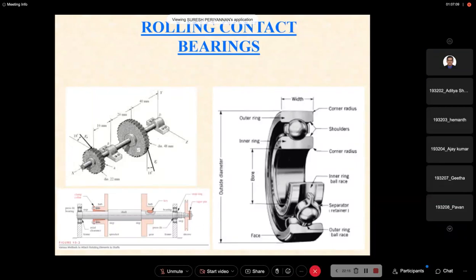Otherwise, I will call a name. An element able to give some relative motion between two rotating objects.